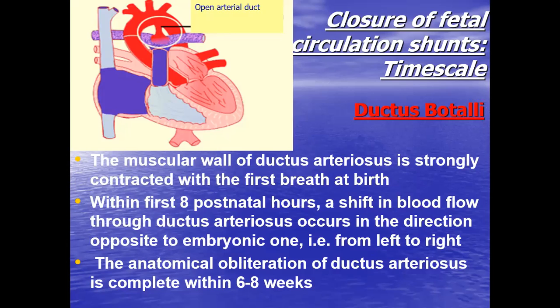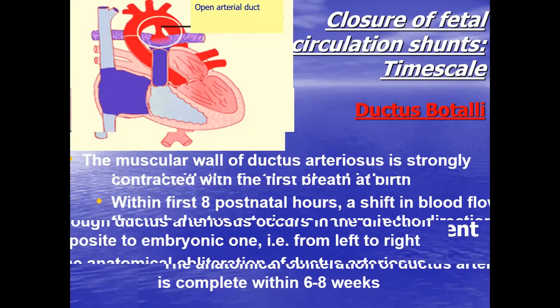And anatomical obliteration of the ductus arteriosus completes within 6–8 weeks of postnatal life. Sometimes the ductus arteriosus, as well as other fetal blood communications, does not completely close, resulting in the formation of congenital heart defects. And what are congenital heart defects?